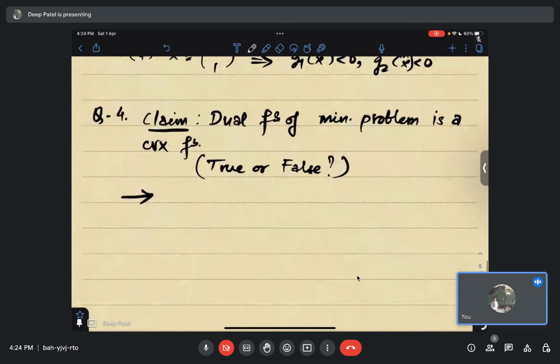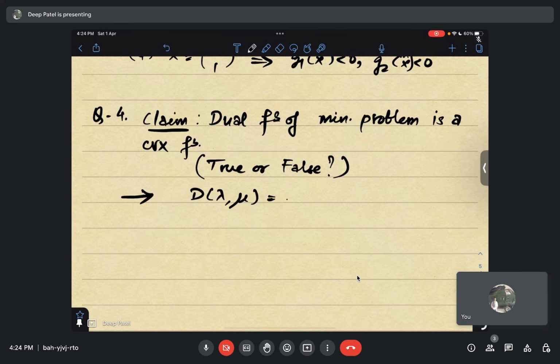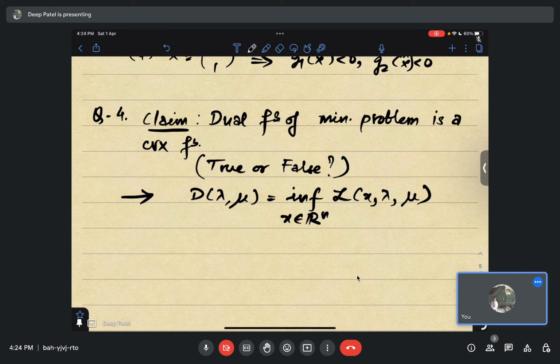So what is the dual function? It's nothing but the unconstrained minimization over x of the Lagrangian, right? Yeah. Right. So what is the Lagrangian?